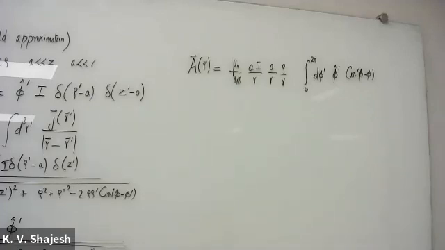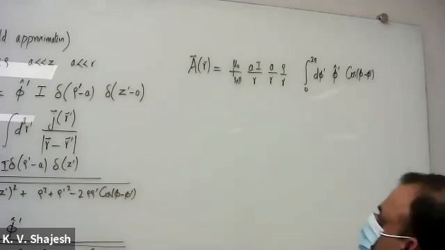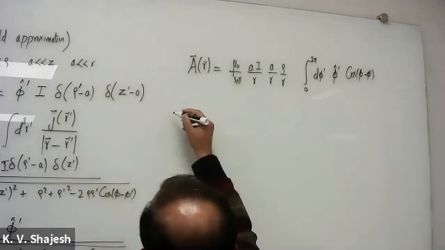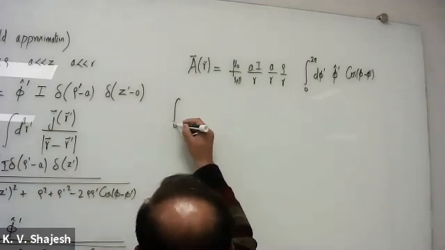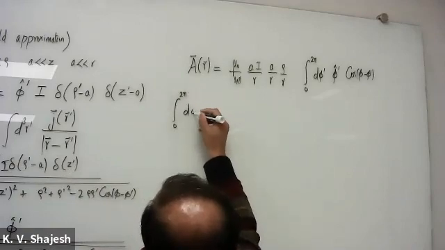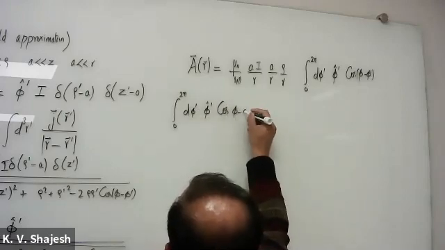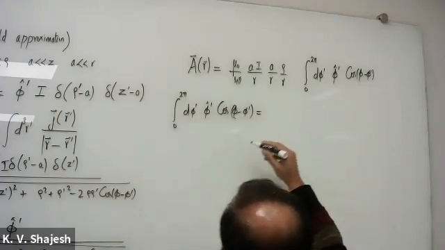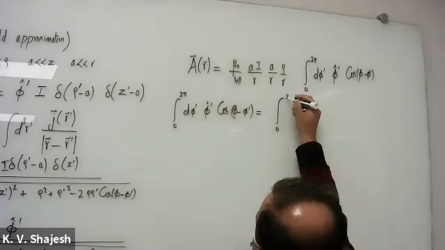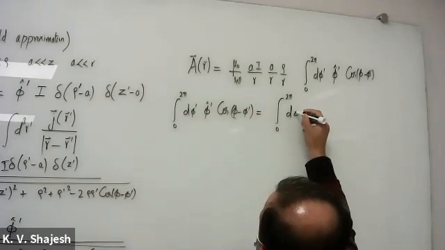Okay. So any questions at this stage? Right. And we did cross this, right? I don't exactly remember where, but I can do that integral. Okay, so let's do that integral alone. So 0 to 2 pi d phi prime, phi prime hat, cosine of phi minus phi prime is equal to d phi prime.